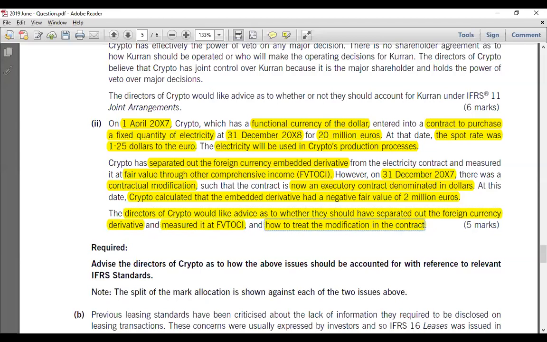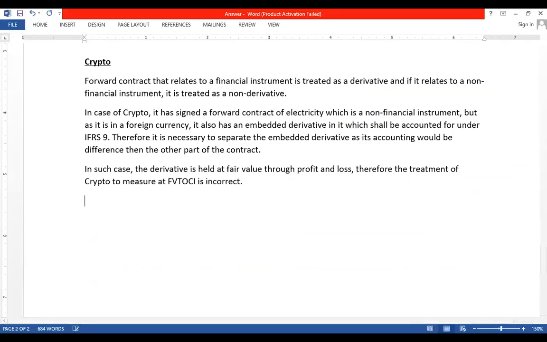Now the last part is how to treat the modification. So we are going to say at the time of modification, the contract no longer has the embedded derivative.